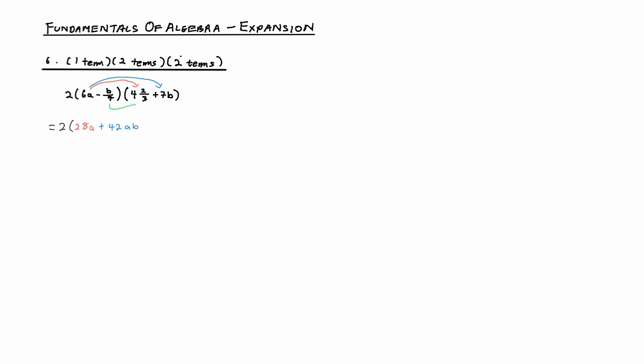Then we deal with this. Now B over 7 is just 1 over 7 B. When you key in your calculator, you take 1 over 7 times 4 and 2/3. You get 2/3. Then you have one alphabet B. And then finally, the last one. Now you have minus times plus, which will be minus. You have 1 over 7 times 7, that will give you 1, so we don't write it. And then B times B will give you B squared.